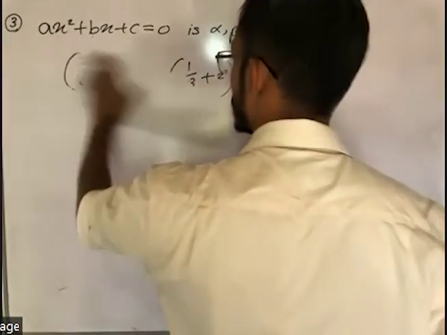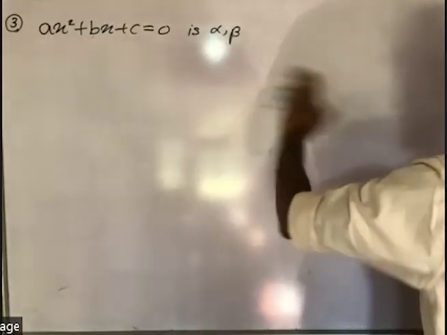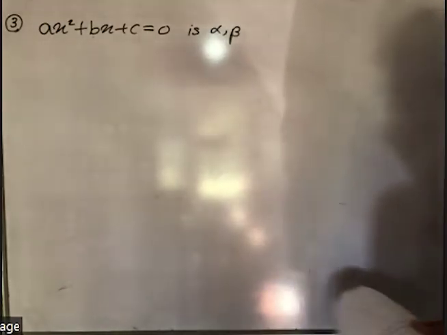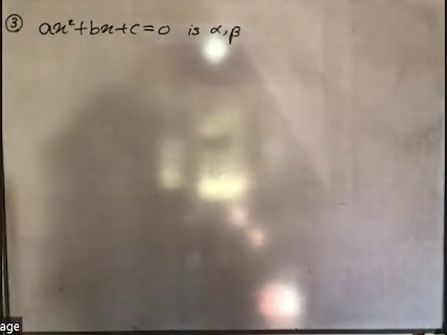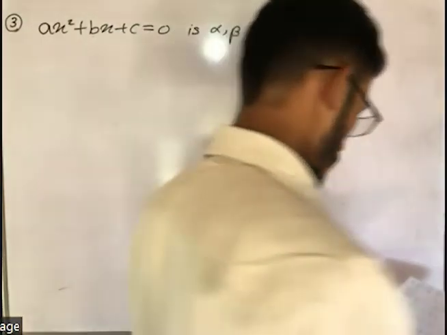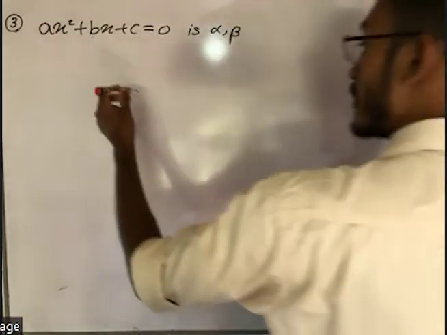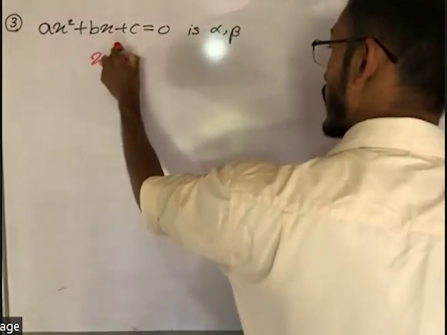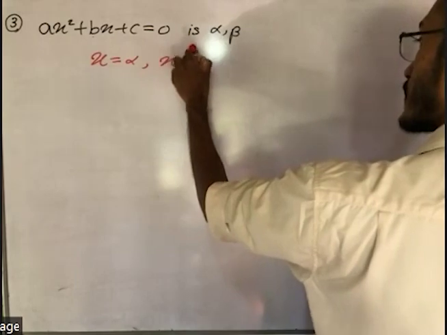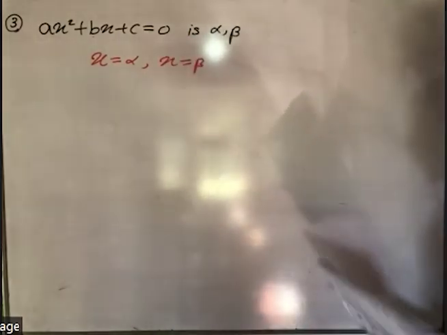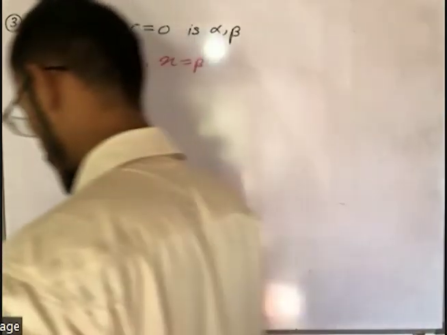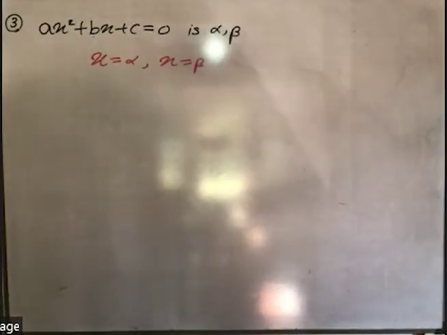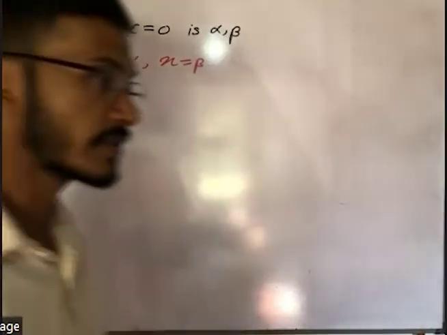Right. Now look at this one. Now they have given the quadratic equation ax square plus bx plus c, with roots x equal to alpha, x equal to beta, right? In the question they are asking to derive the quadratic equation, not to find it.